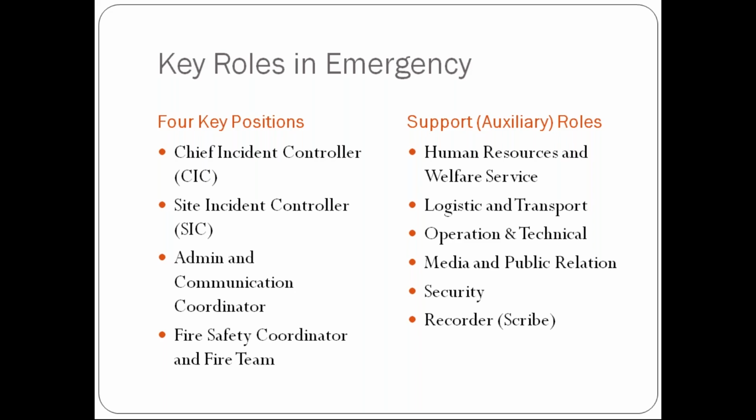So these are the minimum roles which must be there as a part of the emergency organogram, and it should be written with the particular name, with the contact numbers, and if a person is not available, what the backup arrangement is. This is also very important.